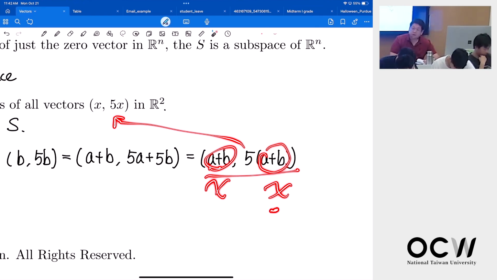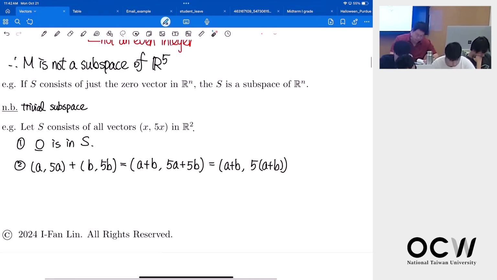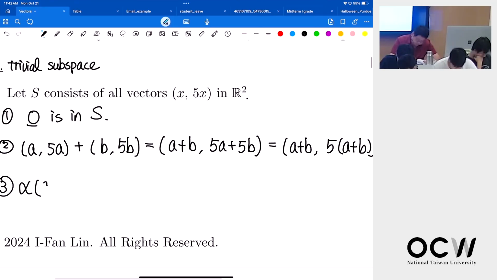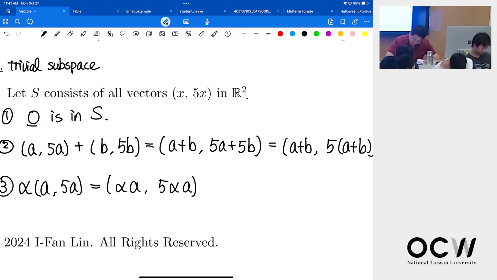Okay? How about the third one? If I multiply the vector A, 5A by a scalar, then what do we have? Alpha A, 5 alpha A. Is that in S?